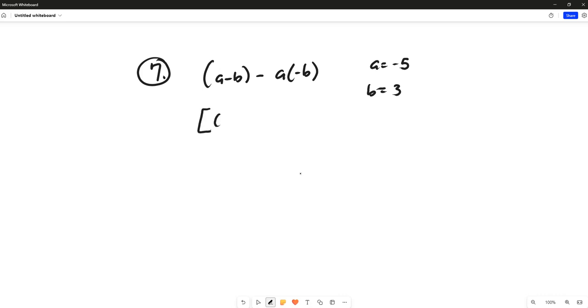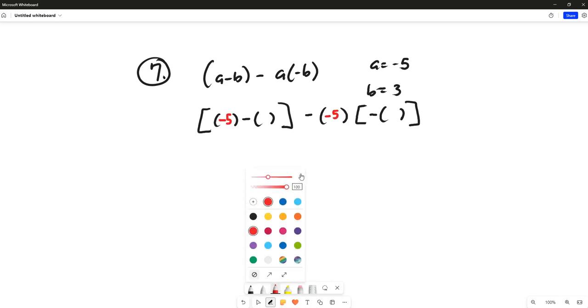Okay, bracket, parentheses, parentheses, bracket, minus, parentheses, parentheses, minus, oops, I'm going to make that into a bracket, sorry. Bracket, minus, parentheses, bracket. Okay, all my A's are negative 5. And all of my B's are 3.